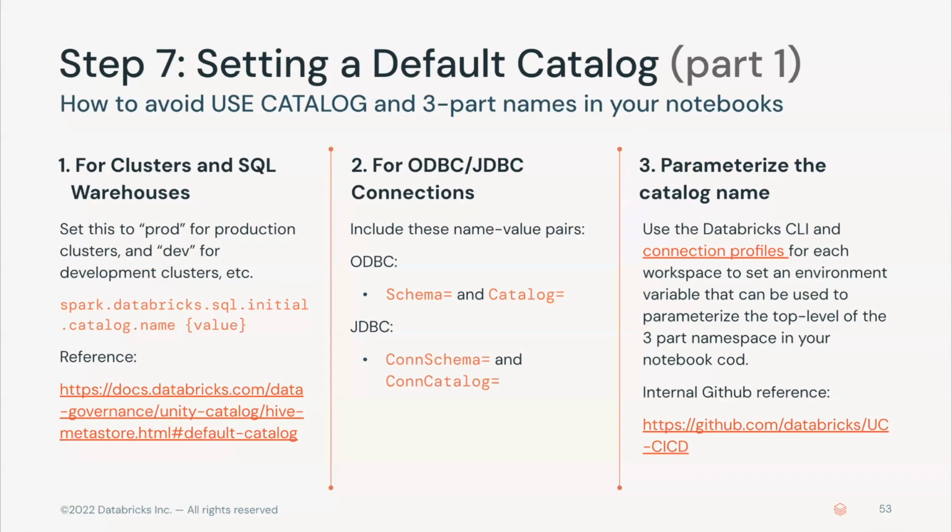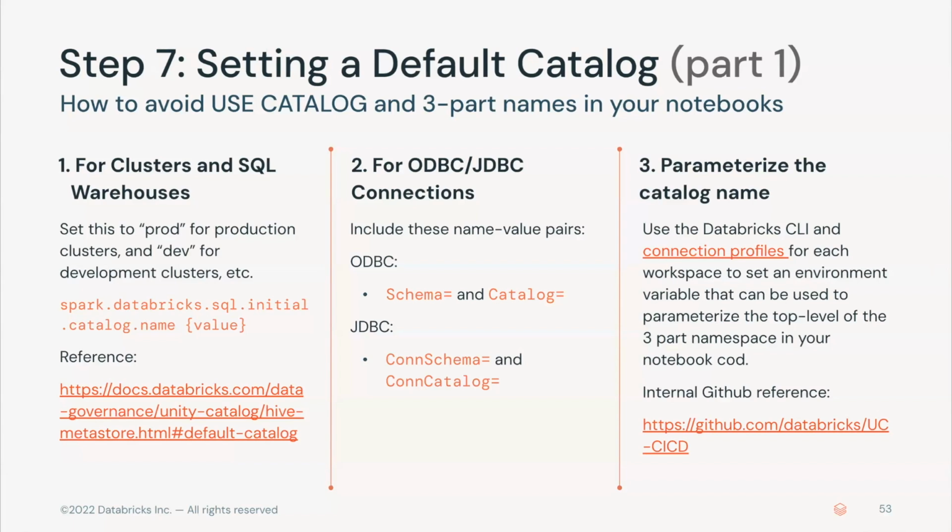When you enable UC the first time, the initial catalog name on every cluster is set to Hive Metastore. That's how it doesn't break anything, because it's using Hive Metastore as the top level catalog. The idea is that you start with the clusters using this initial catalog name as part one, and then eventually you have the initial catalog shift to the data representations in UC on a UC catalog.